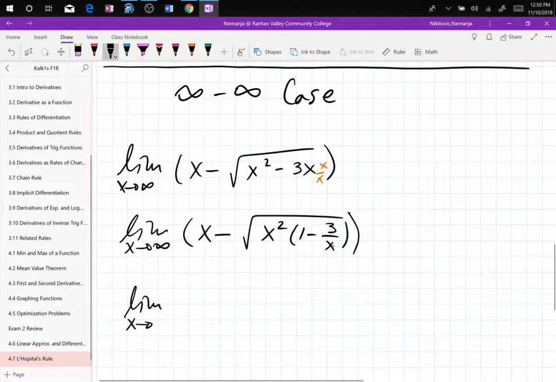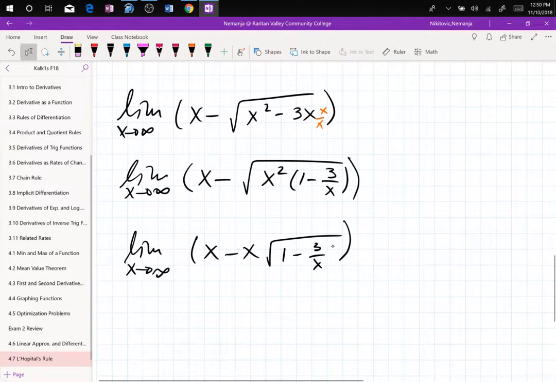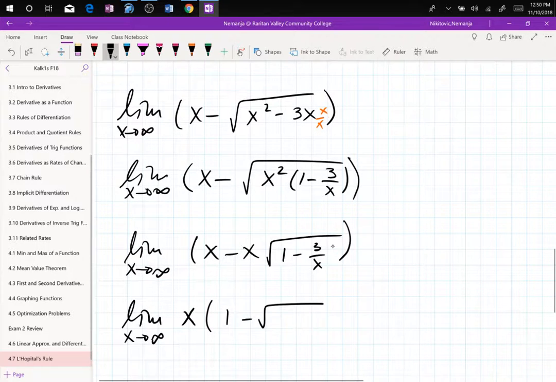So now, limit x goes to infinity. I can kick this x outside, and finally I have 1 minus the square root of 1 minus 3 over x.